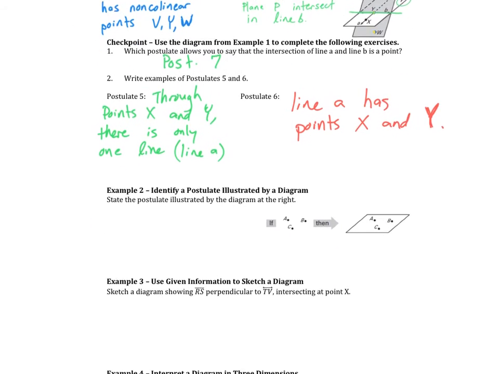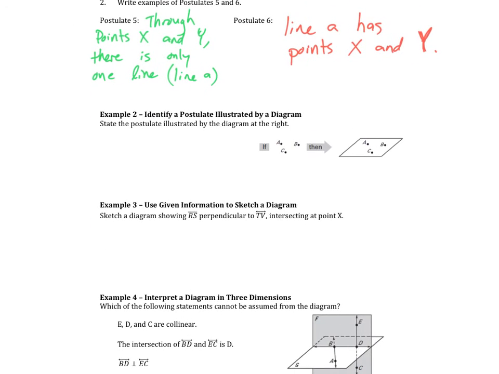So slide down. Example 2, identify the postulate illustrated in the diagram. So I'm just going to write down an if-then statement. What this statement is saying here, because this is really what we're trying to figure out, I don't care that you know what number postulate this is. It says if there are 3 points, then there is a plane.